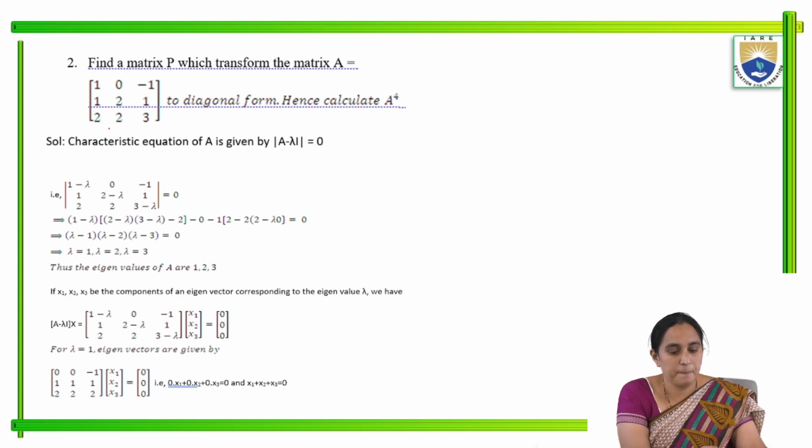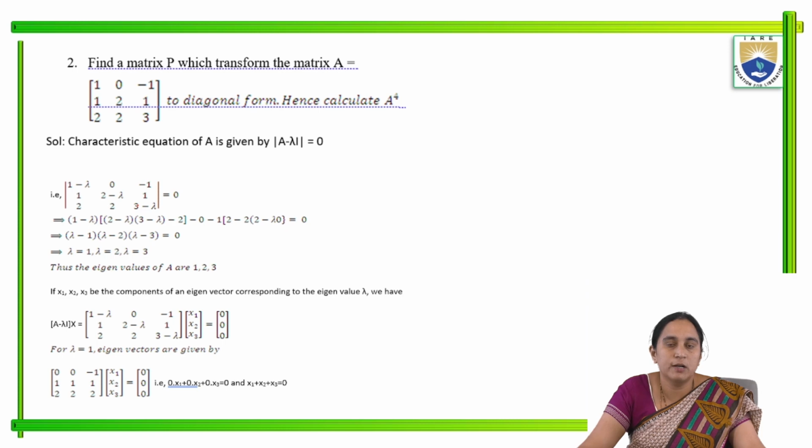For that, the determinant of the matrix with rows (1 minus lambda, 0, minus 1), (1, 2 minus lambda, 1), (2, 2, 3 minus lambda) is equal to 0.